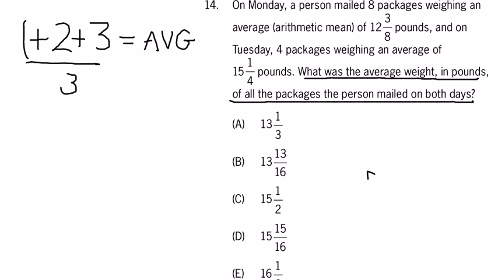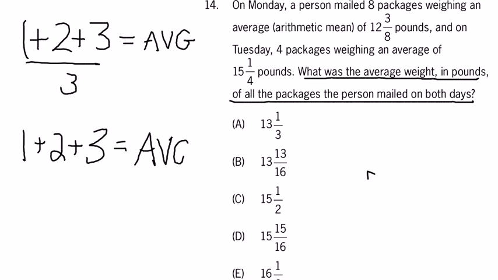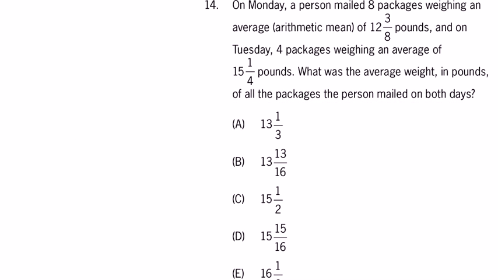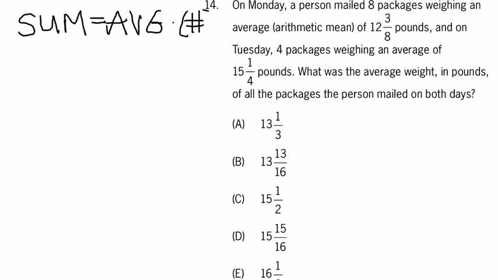Well, another way to think about this is 1 plus 2 plus 3 equals the average times 3. So I'm going to rewrite this equation as the sum equals the average times the number of numbers.